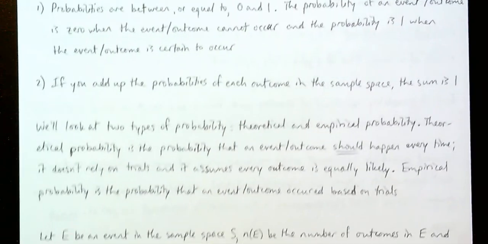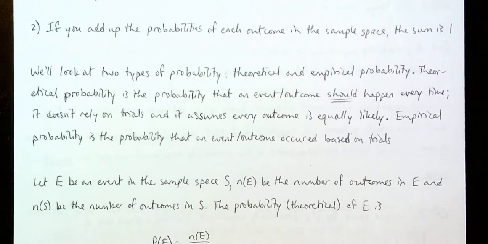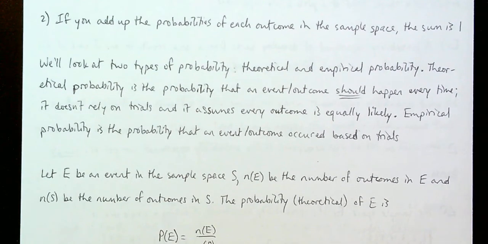What we're going to focus on in this video is 2 types of probability: theoretical probability and also empirical probability. And these things are not exactly the same thing. Theoretical probability is the probability that an event or outcome should happen every single time.